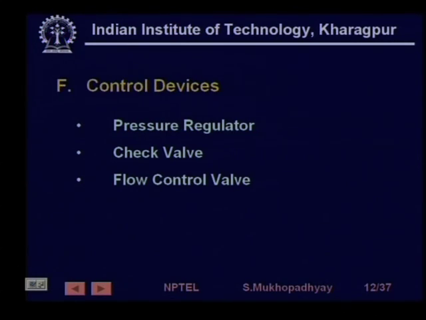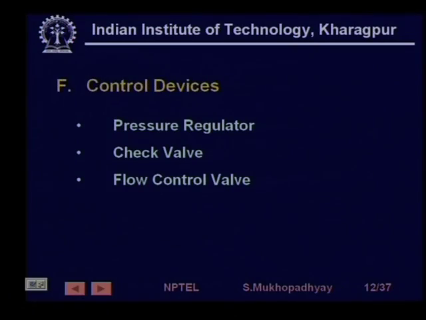Sometimes you need that, for example, as in the case of hydraulics we have seen that when you are driving the load, typically you need slow motion, and when you are returning without load you can have fast motion to save time. In such cases flow control valves are used very similarly to what you use in hydraulics.